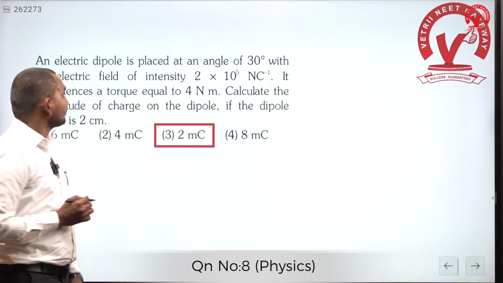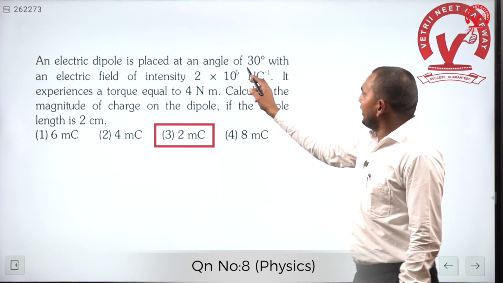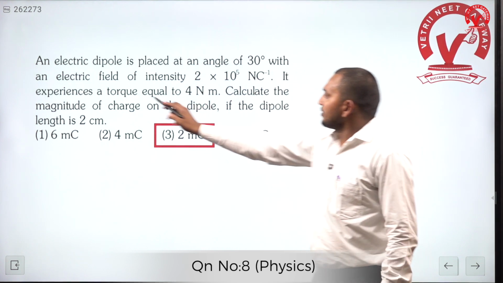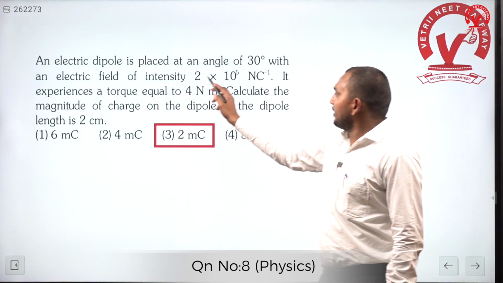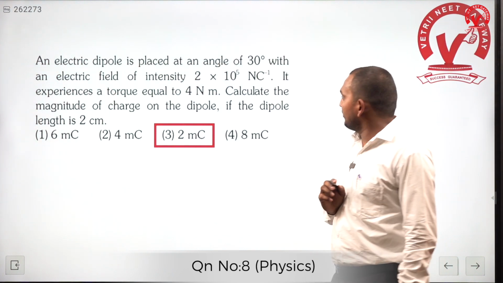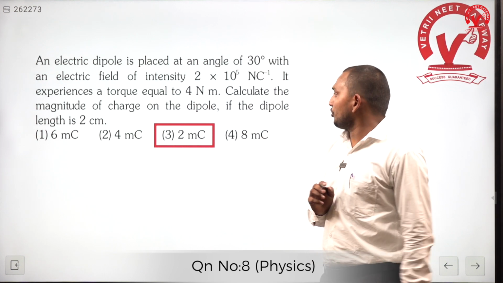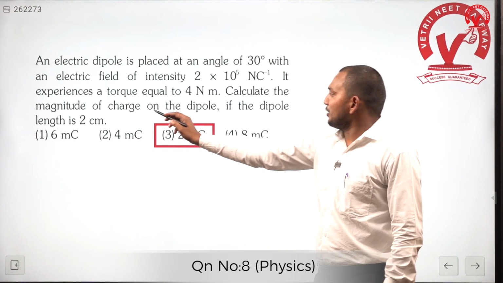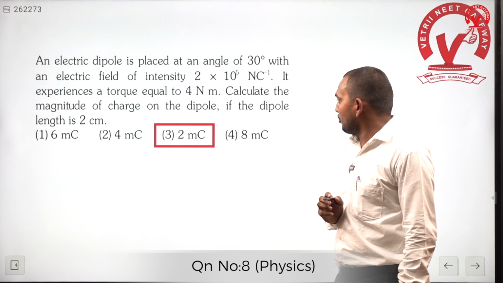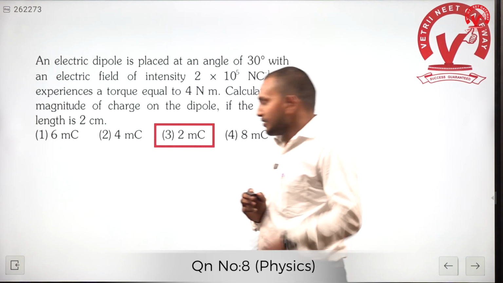Next one. An electric dipole is placed at an angle of 30 degrees with an electric field intensity of 2 into 10 power 5 Newton per Coulomb. It experiences a torque equal to 4 Newton meter. Calculate the magnitude of the charge on the dipole if the dipole length is 2 centimeters.